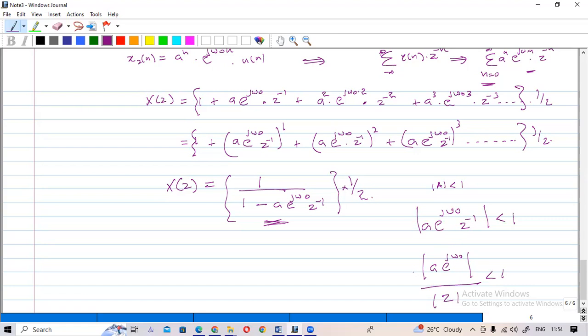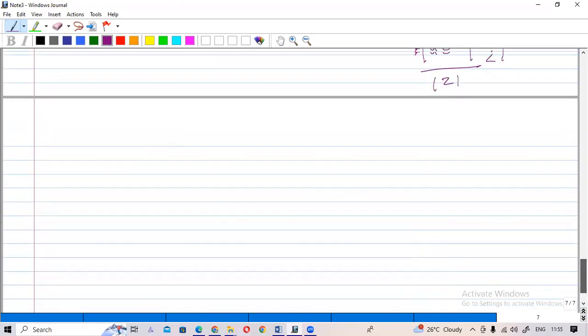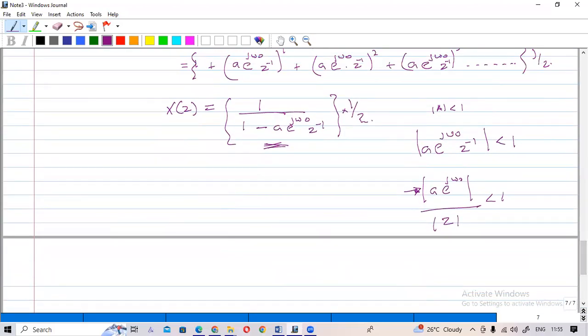So what is the magnitude of this one? Can anyone guess? Yes, very good. You can see that this is a complex number in polar form.